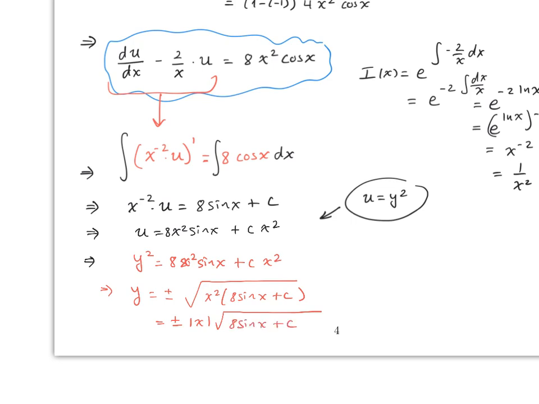And that's it. So y will equal that. Again, this is a very specific case, which is called a Bernoulli equation. So you only use this substitution if the question is asking to solve a Bernoulli equation. All right, so that's it for section 1.8.